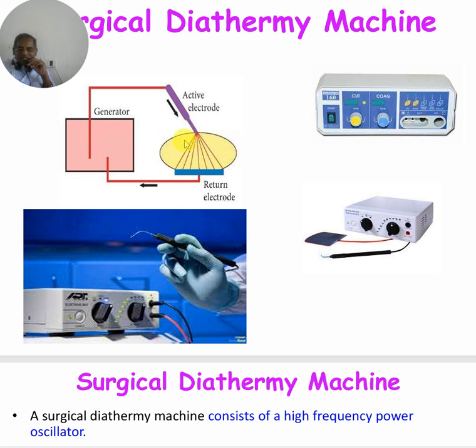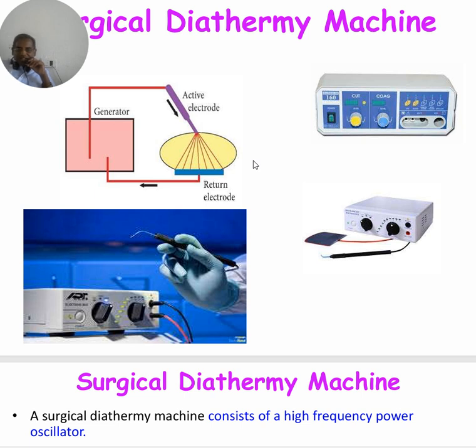This is a tissue, the yellow color. Below that tissue we have the patient electrode. It is also called the indifferent electrode, and also the return electrode. The current coming from the active electrode passes through the tissue or human body.